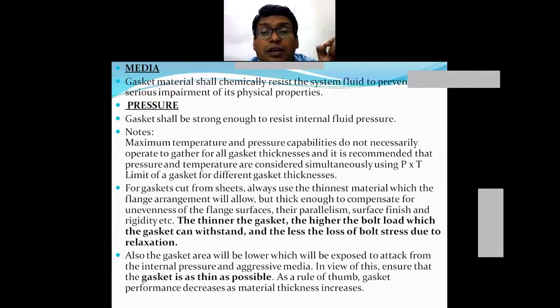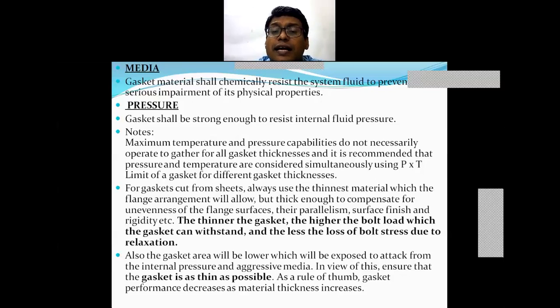It should be thin, but not so thin that it will not be able to fill the surface irregularities. The thickness of the gasket should be sufficient so that it is able to fill the surface irregularities.